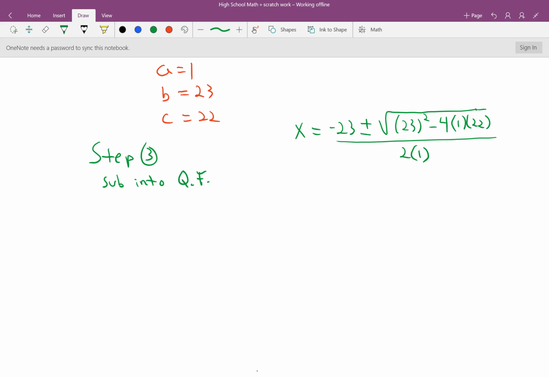Step 4, we're going to evaluate the discriminant. That's that underneath part. I want to find the discriminant. The discriminant is this part here.